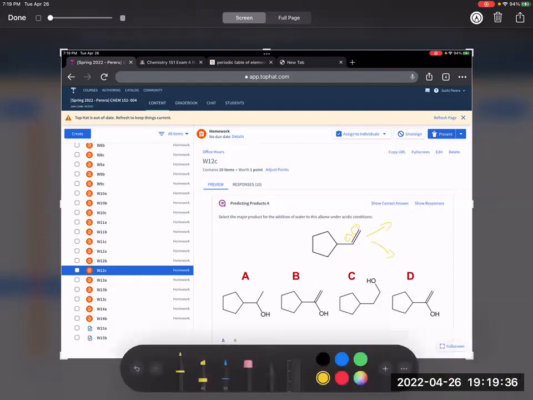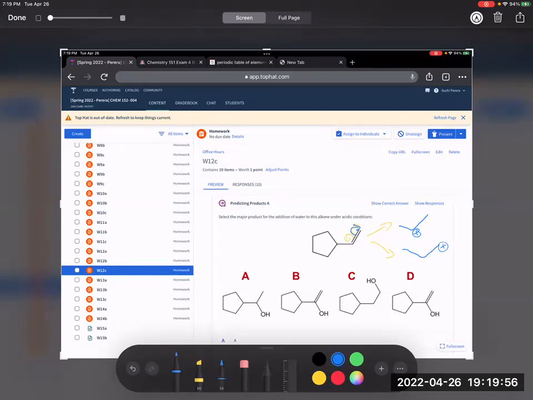Let me draw at least part of this double bond. So if this is the case, you can have the cation here, that is if the double bond breaks this way. Or you can have the cation at the terminal carbon.